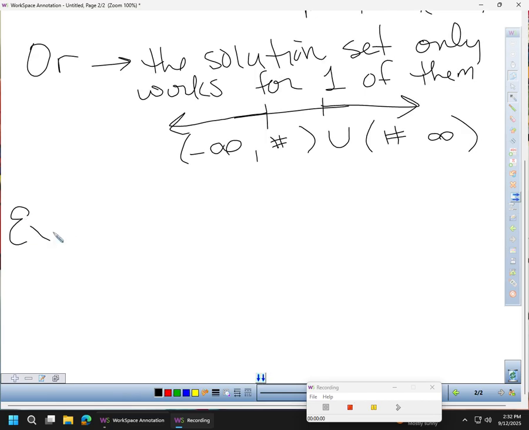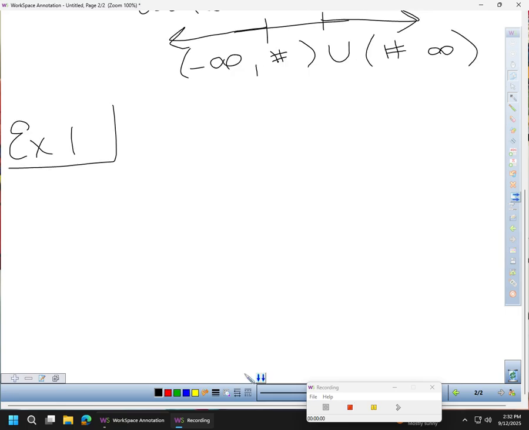So, example number 1. We're going to start with and problems. Okay? An and problem can be written two different ways. I can have it as 6 is less than 2x plus 4 less than or equal to 10.